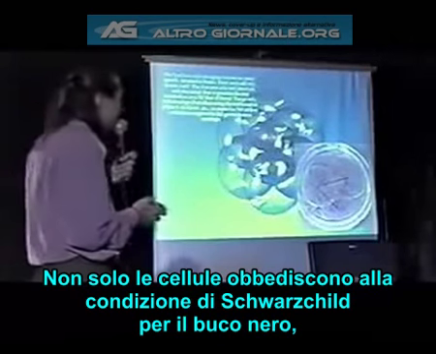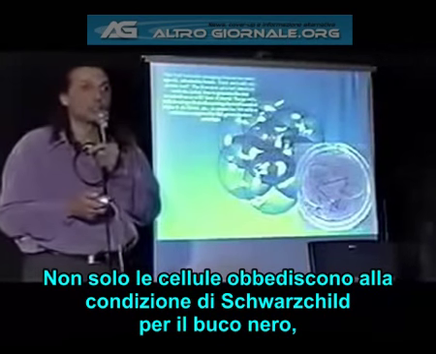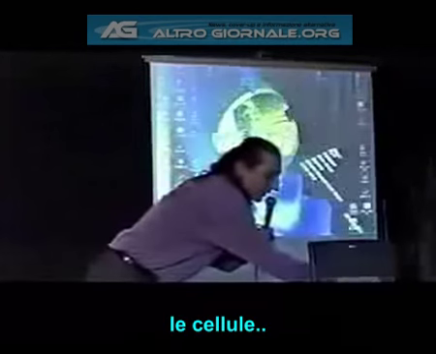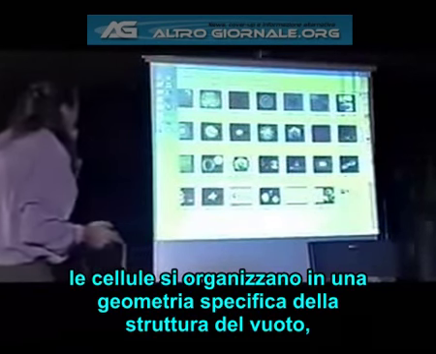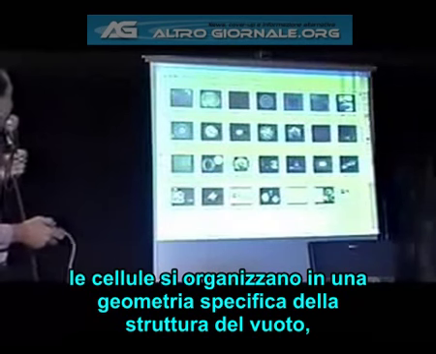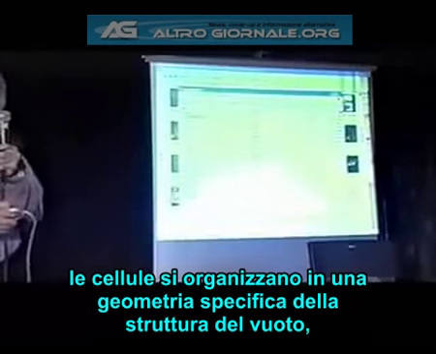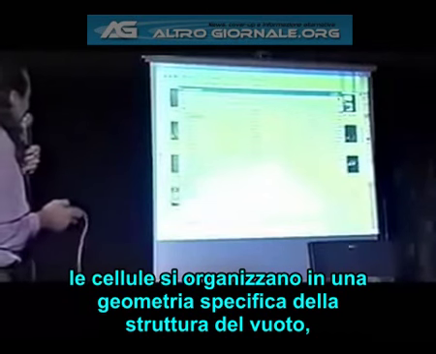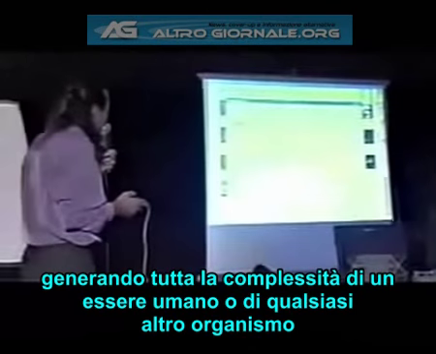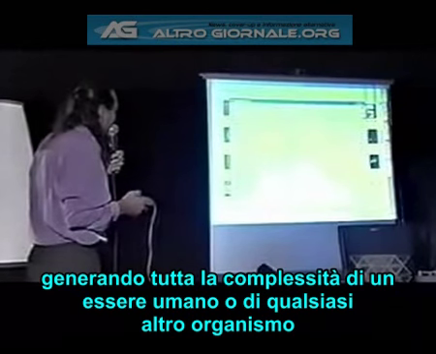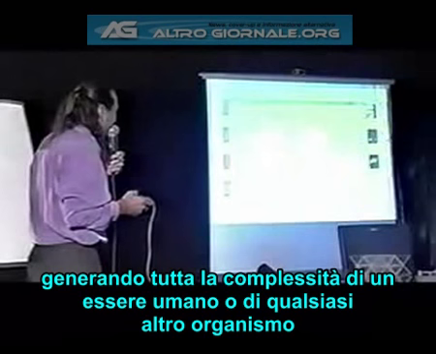So not only does the cell obey the Schwarzschild condition of a black hole, but the cells actually self-organize in the very specific geometry of the structure of the vacuum and generate all of the complexity of a human being or anything else that it's building.